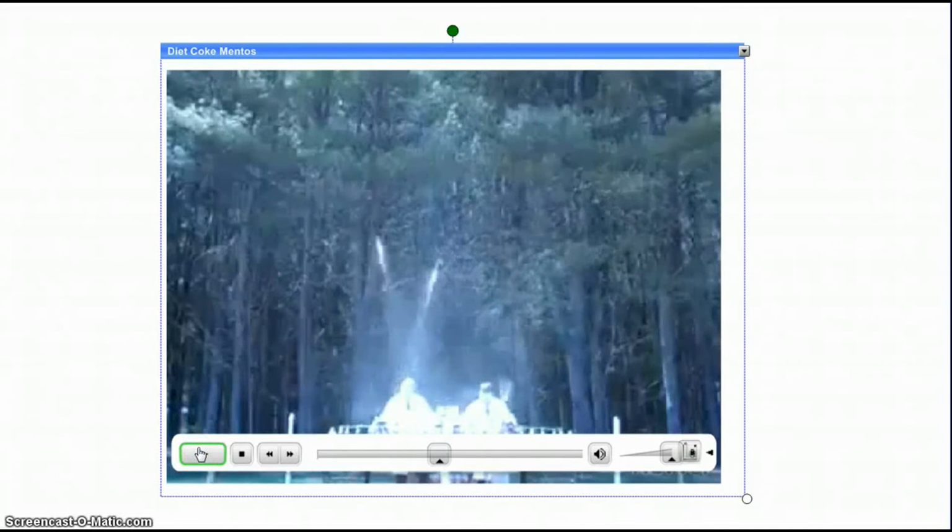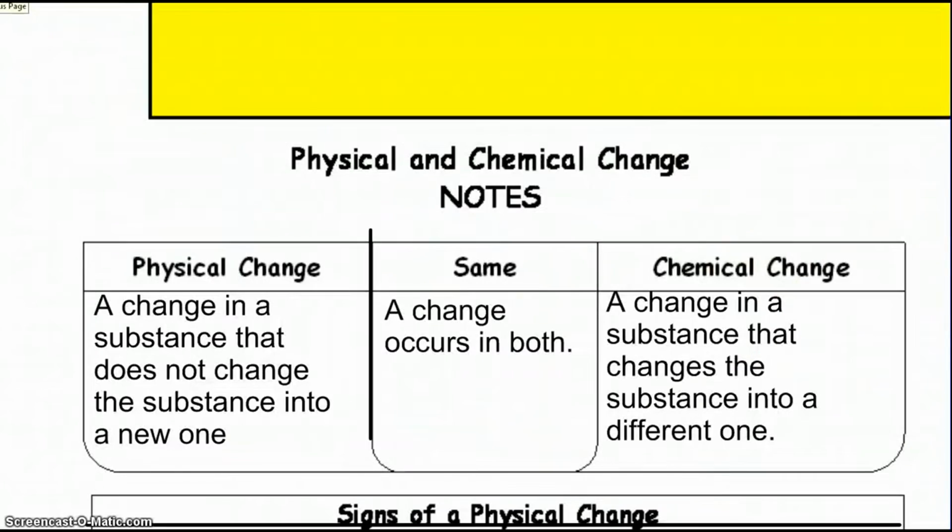So, what do we have here? We have Mentos, and we have Diet Coke. Diet Coke has carbon dioxide in it. Is there a new substance being made? If we look at our signs, this is tricky, okay?